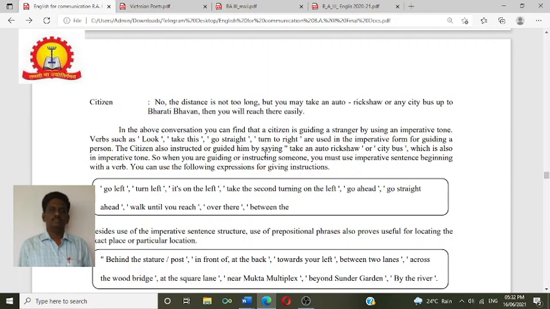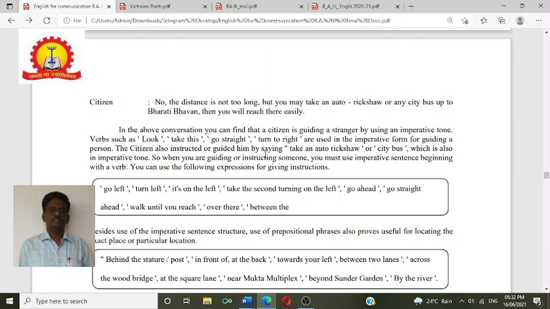We were discussing this unit, module number 5, Part A, that is making inquiry. This module is divided into two parts. A part deals with making inquiry and part B deals with giving instructions. So in the last 2-3 sessions, I think we have already started discussing this B part, that is giving instructions.